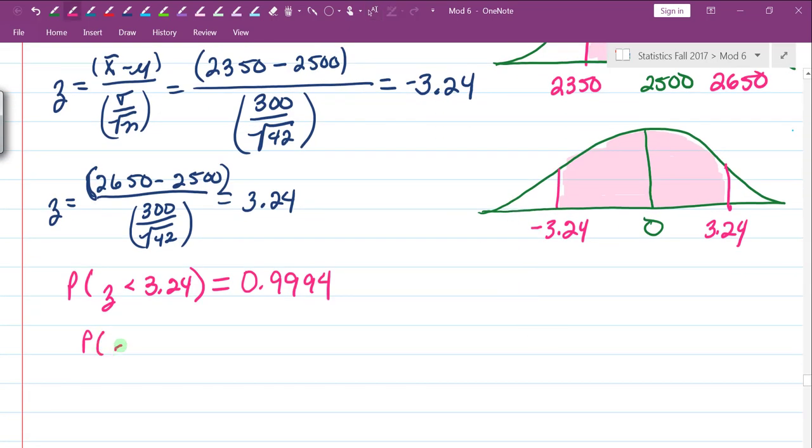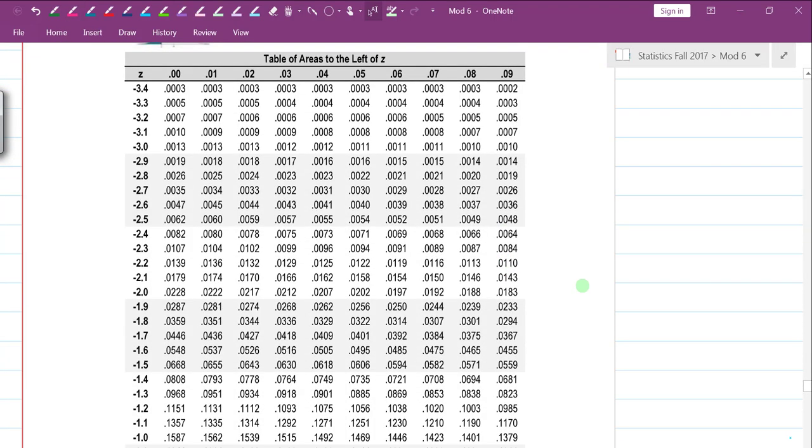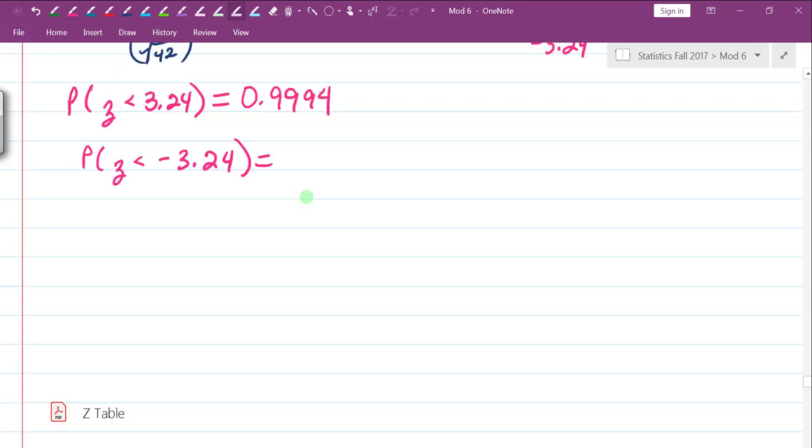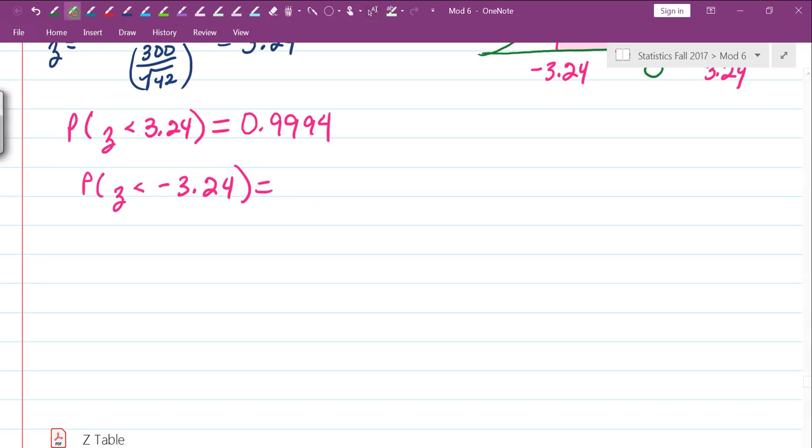So we're going to look up this area here, negative 3.24, negative 3.24. So right there is 0.0006.